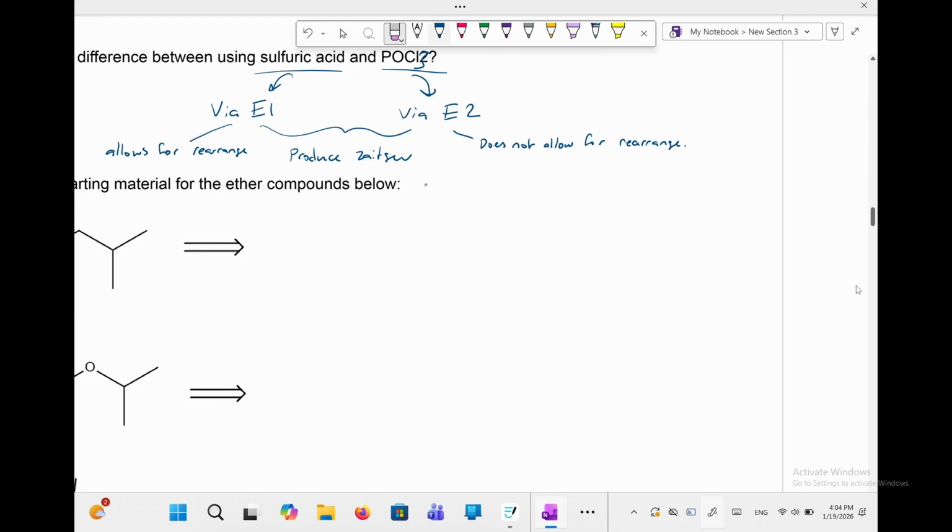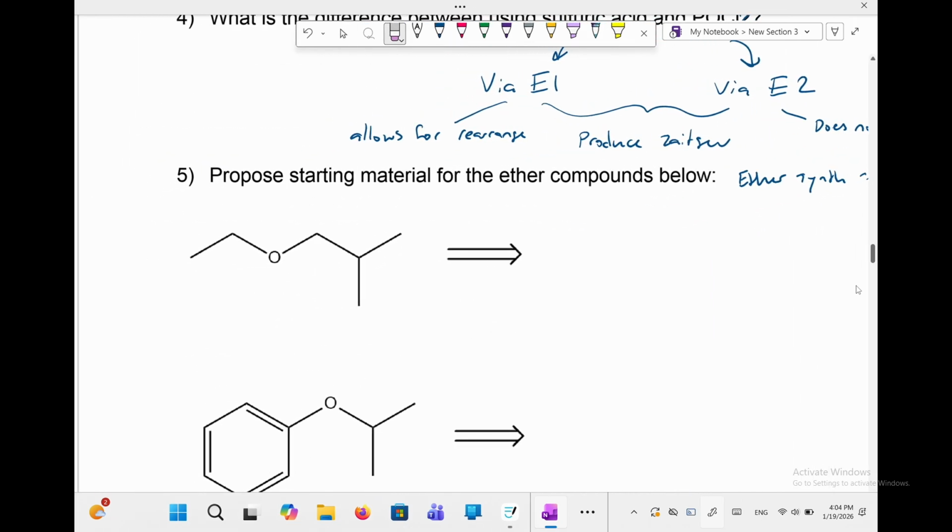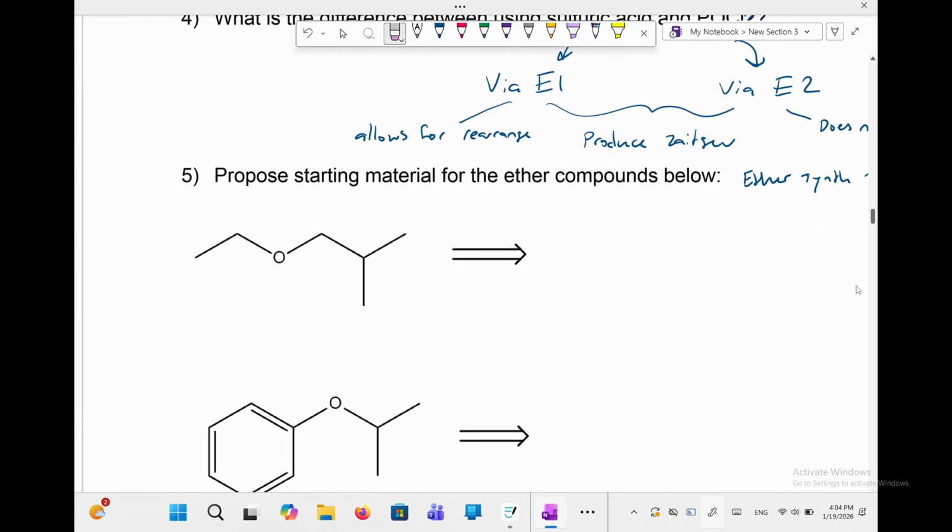Ether synthesis equals alcohol and alkyl halide. Since I want to work backwards from the product and end up with my starting materials, I know that I'm going to end up back at an alcohol and an alkyl halide.